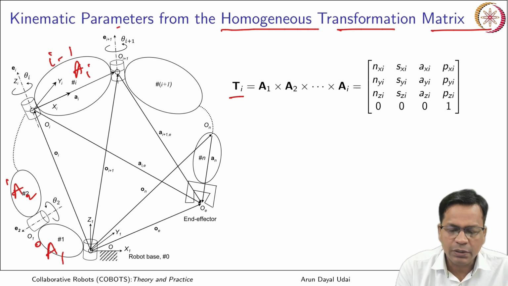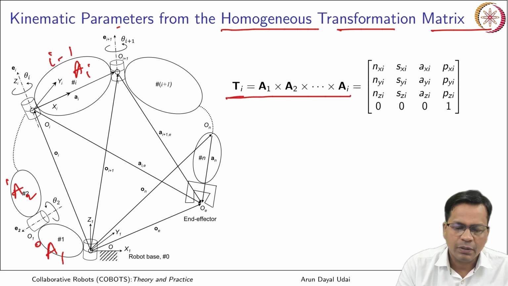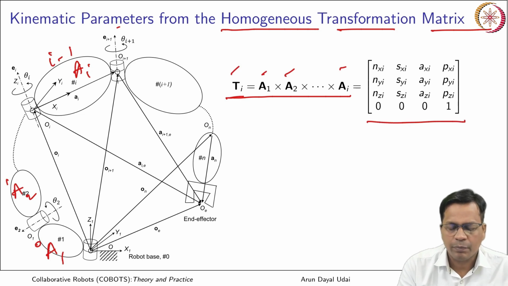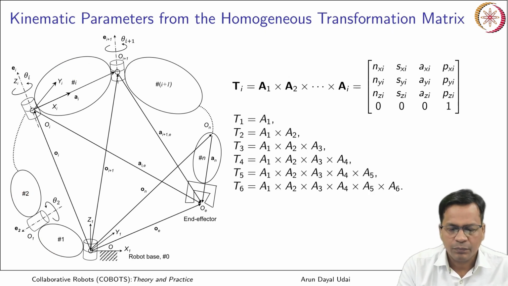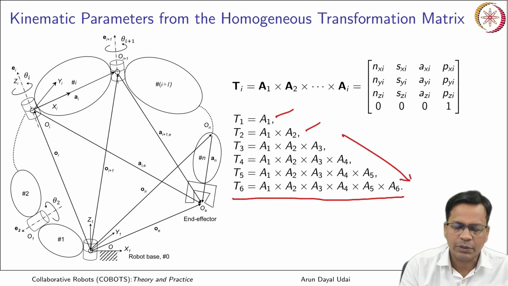Okay, all the products will finally give you the final homogeneous transformation matrix. So now T1 is equal to this, T2 will be equal to A1 and A2, T3 and so on and so forth. You do this. So this is the overall forward kinematic transformation.